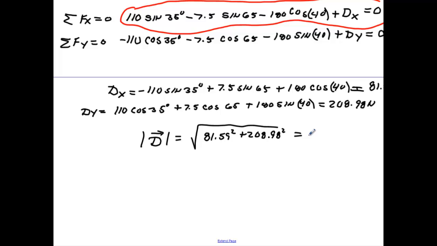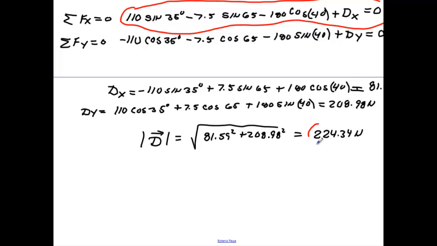So we'll get the calculator again. We will square that, plus 81.59, square that, second square root, second answer, and that gives me a value of 224.34 newtons. Okay, so now we have the magnitude.